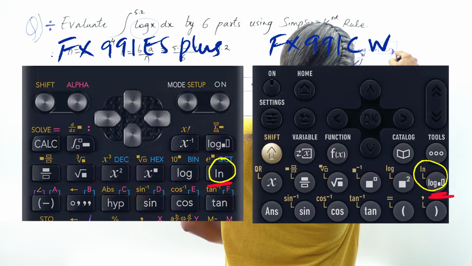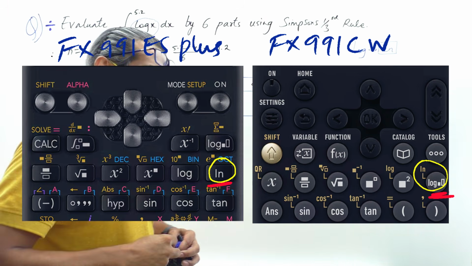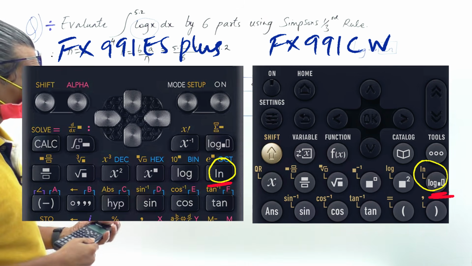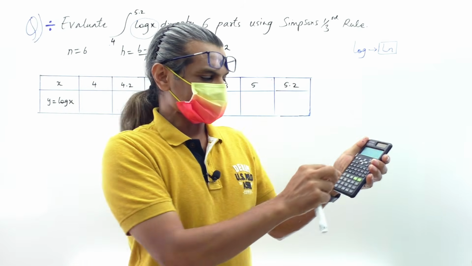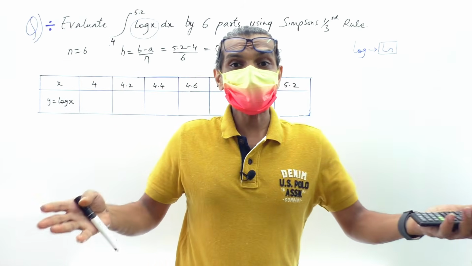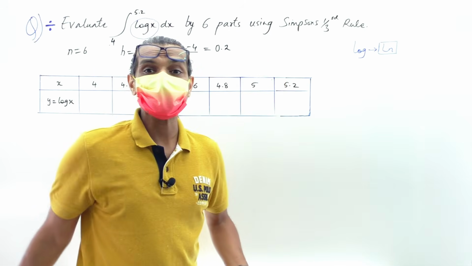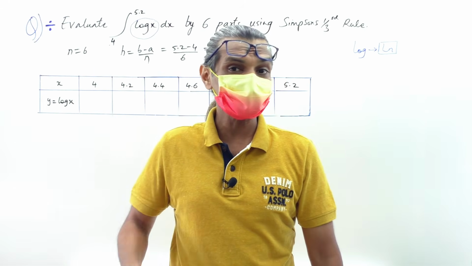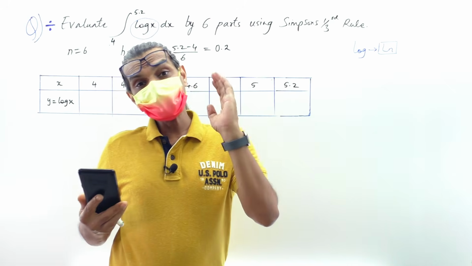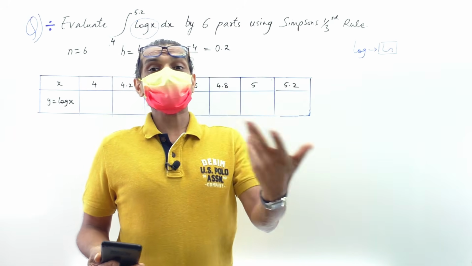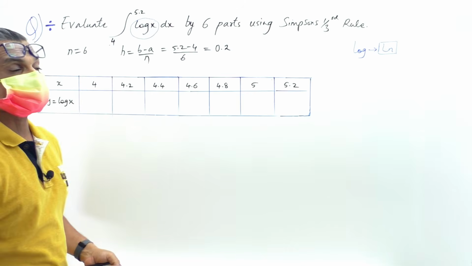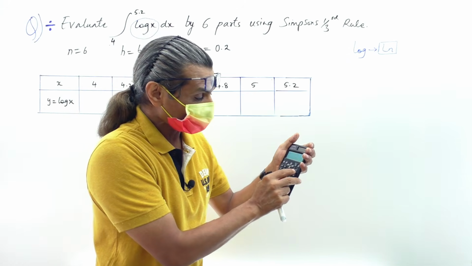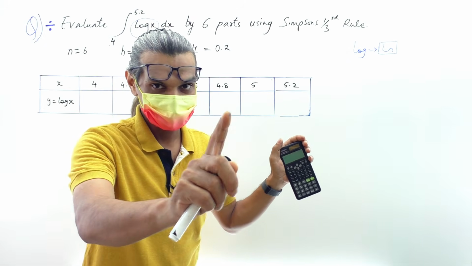Many students see log, feel excited, think it's so simple, press the log button and fill the entire table. Wrong, they'll get 0 marks. Don't do that. Only if they give log to a base, say log to the base 10, then use the log button. Otherwise, if plain log is given, it is always to the base e, so always use natural log, ln. Correct?